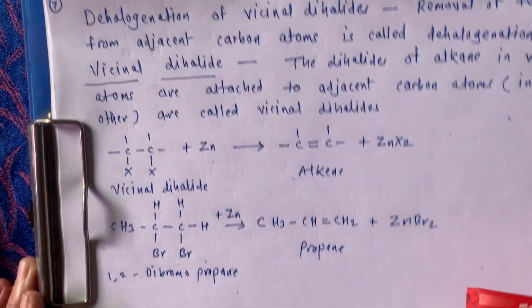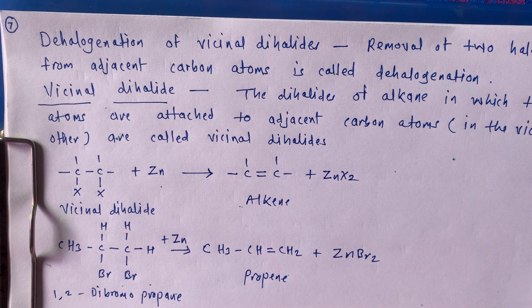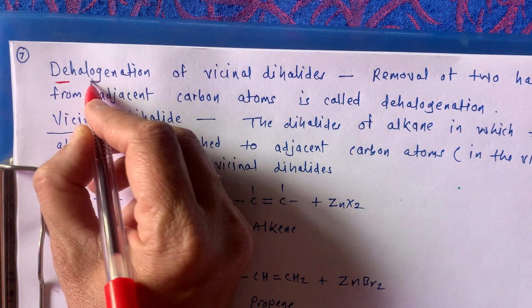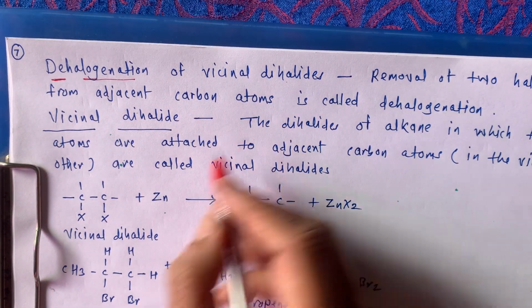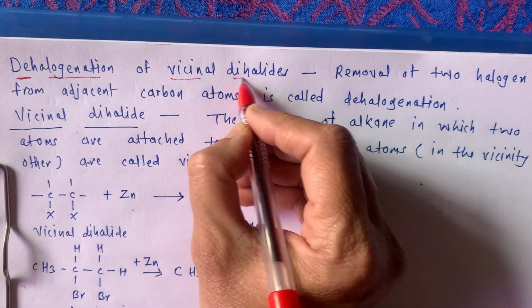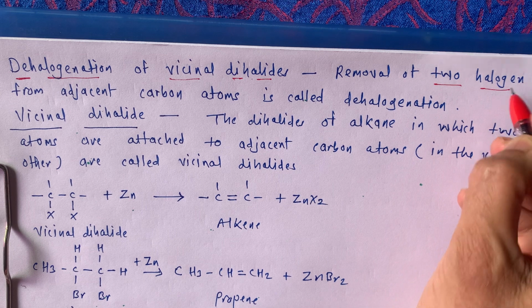Now one more method of formation or preparation of alkene is dehalogenation of vicinal dihalides. Now see, dihalide means two halogens.